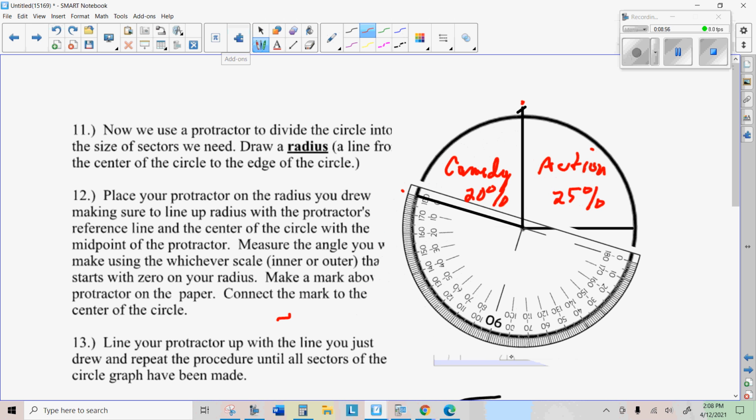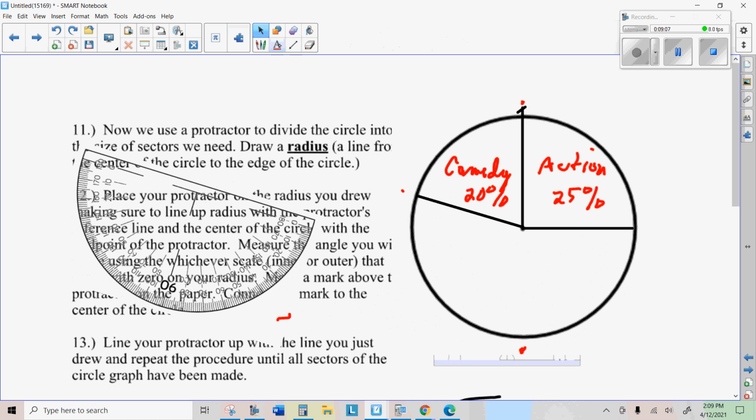All right, now since this is more than 90, I need to mark 108 degrees on this side of the 90. Looks like about right there. And draw on a line for that. Okay, and that one is my 30% romance.